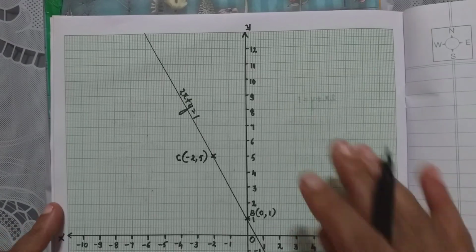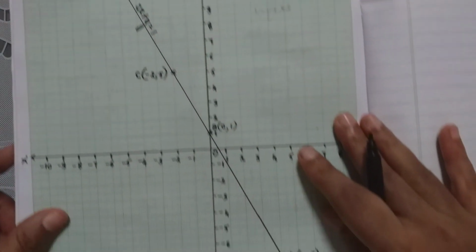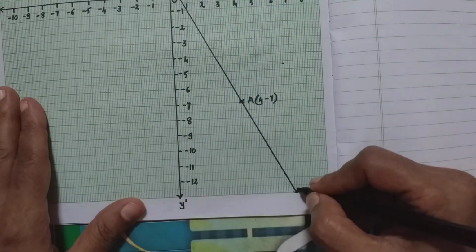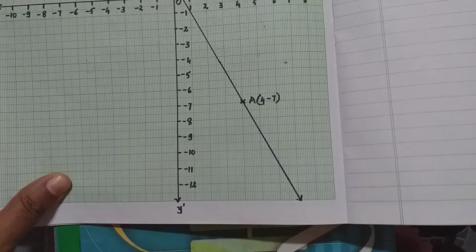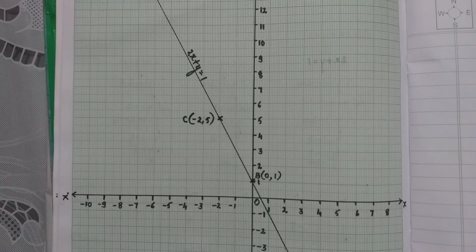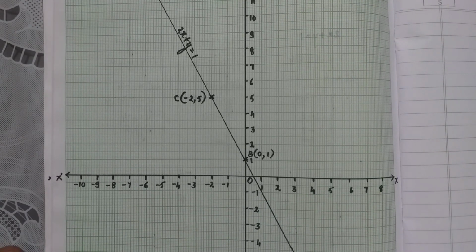We have forgotten to put arrow marks on either ends of the line. So here I have put one arrow mark and right down I will put the other arrow mark. So this is the graph of the equation 2x plus y is equal to 1.